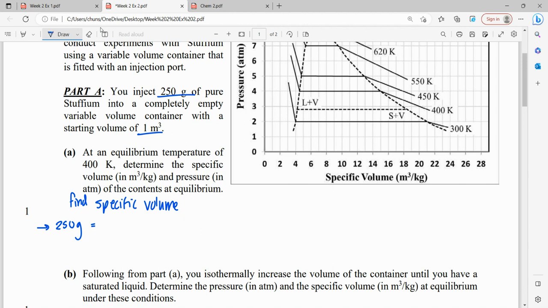So 250 divided by 1,000, 0.25 kilograms. So that means our specific volume is going to be 1 meter cubed over 0.25 kilograms, equal to 4.